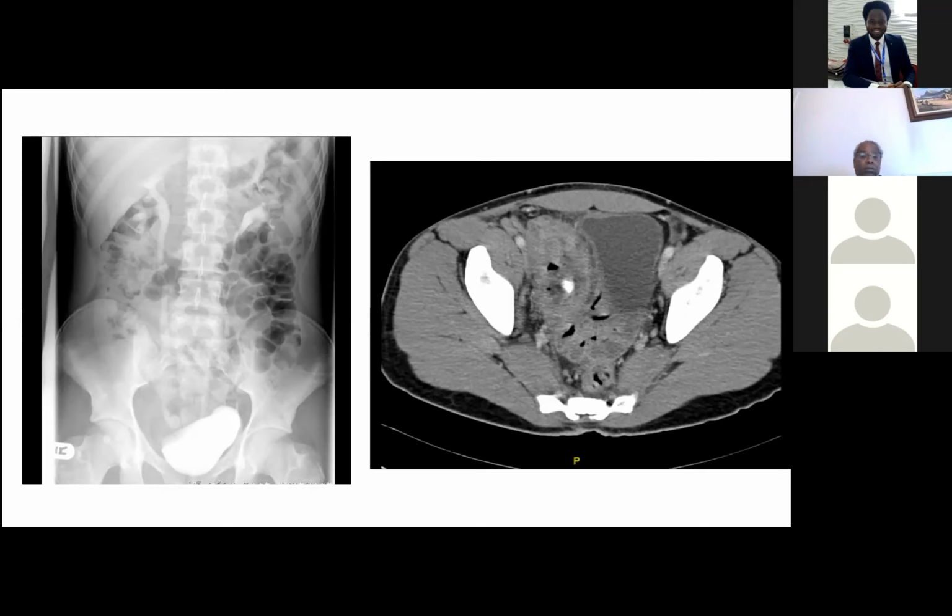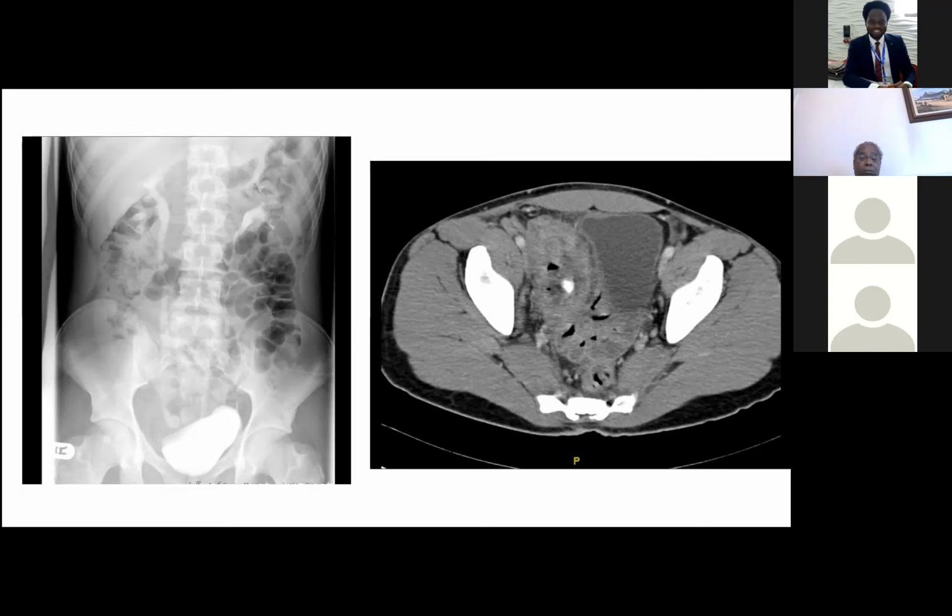Yeah, if you look at the CT scan and compare that with the IVU, again you can see the bladder is a structure which is shifted over to the left side, and that is displaced by an irregular mass.